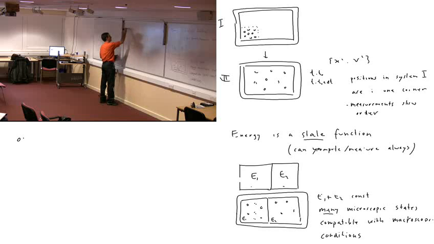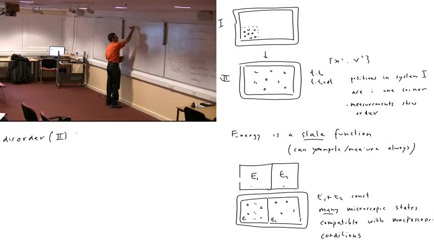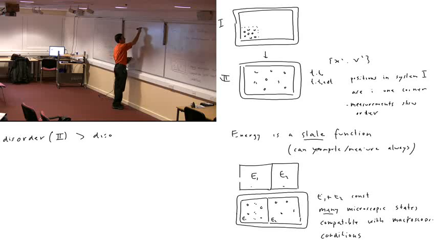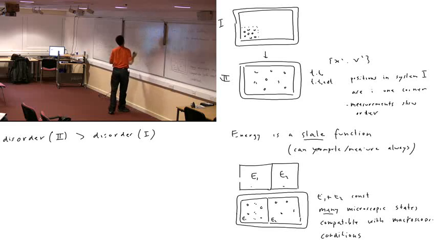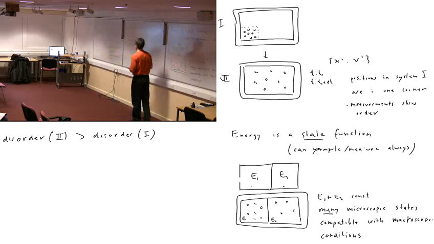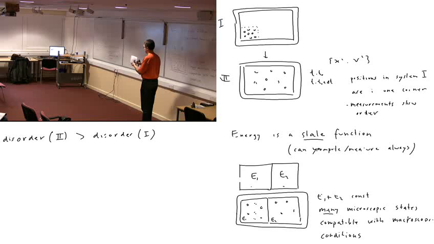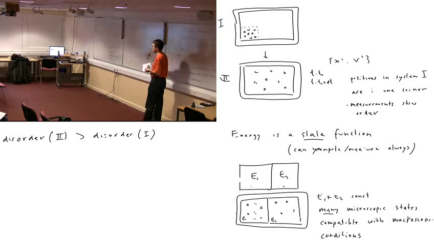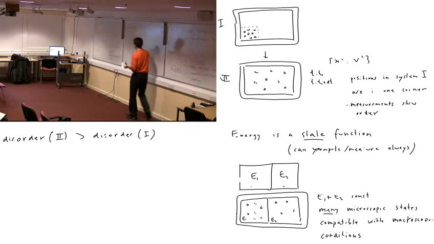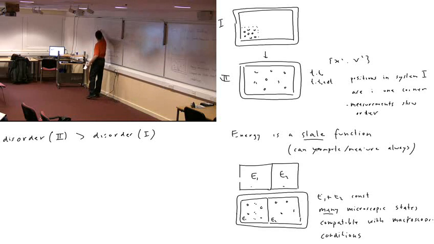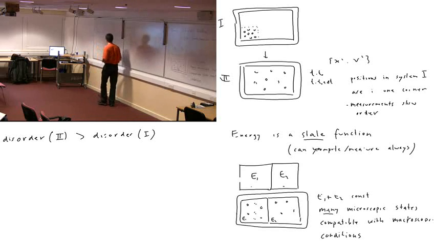So if you wish, the disorder of system 2 is larger than the disorder of system 1. Measurements in system 1, as long as you do them before the system has gone to system 2, show much more structure, much more order, because the molecules are never in this part of the box.